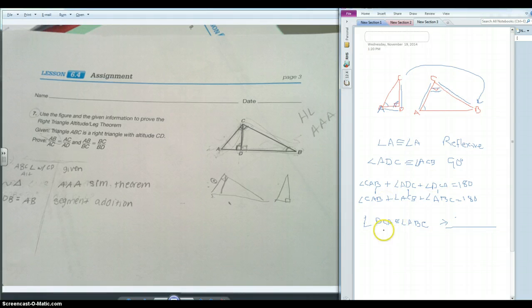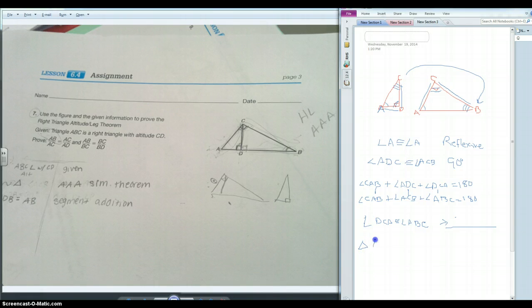So, therefore, now you can put triangle. If all these three angles are equal, so now we've proven that this one is equal to that one, then the triangles are similar.